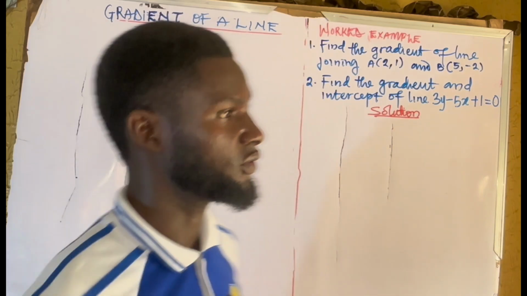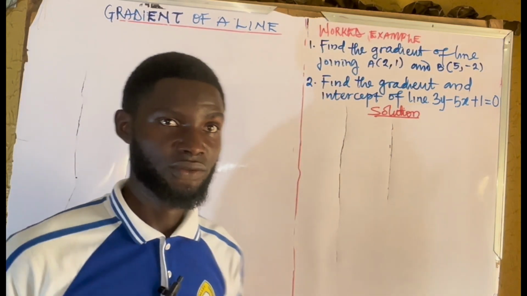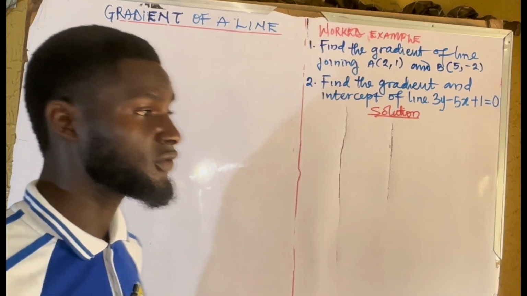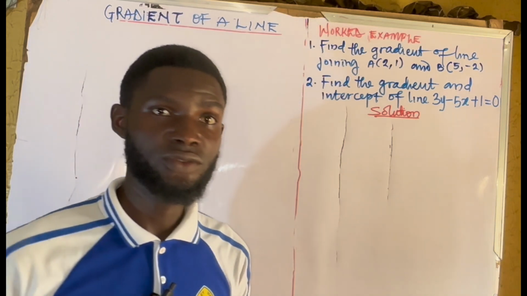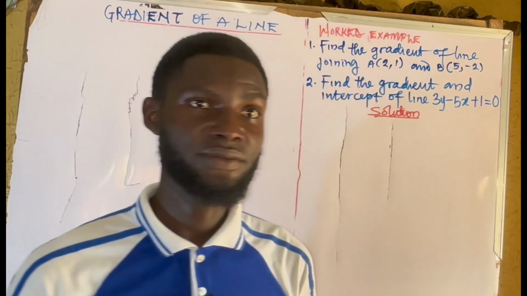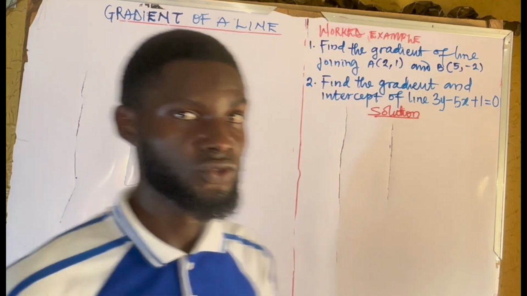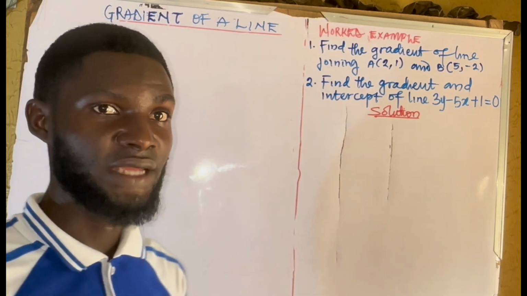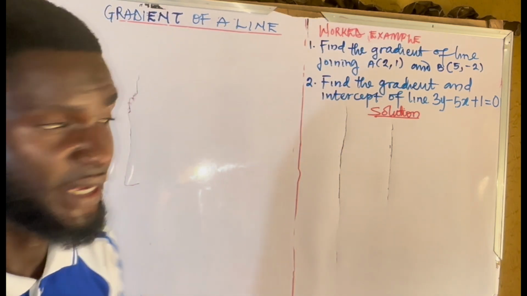In this video we are going to be looking into some examples on the gradient of a line. In the previous video, we looked at the formula for finding the gradient of a line when we are given 2 points, and also when the line makes an angle with the x-axis.